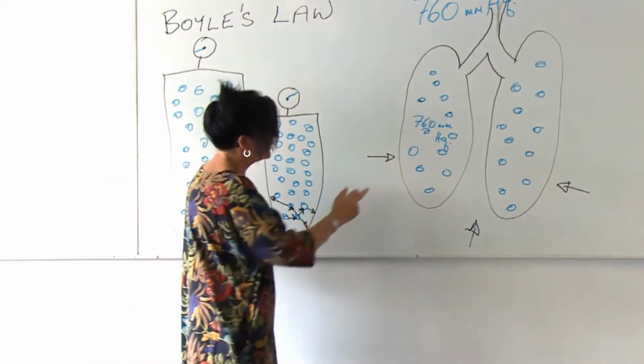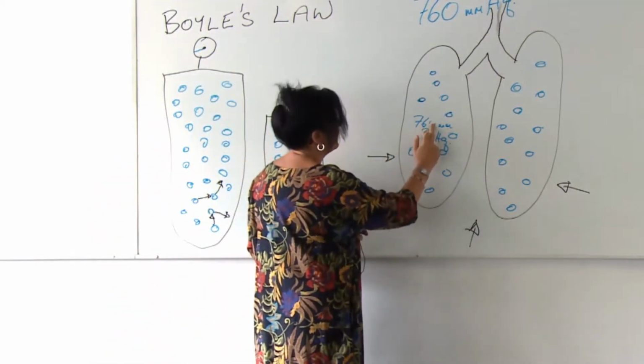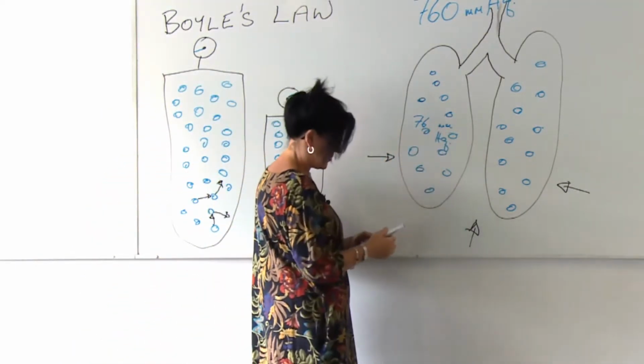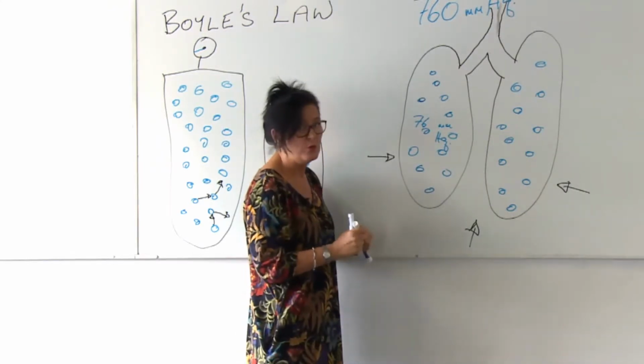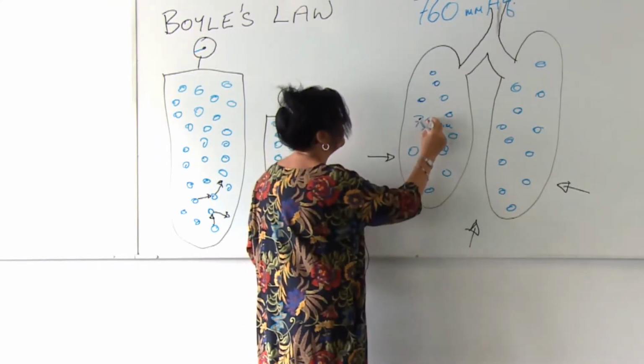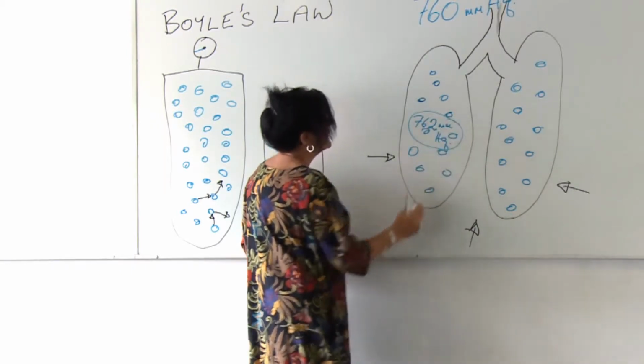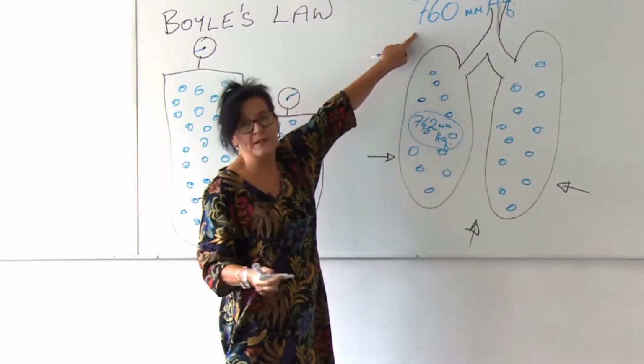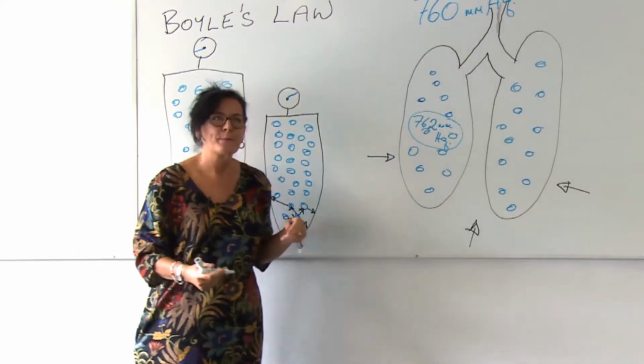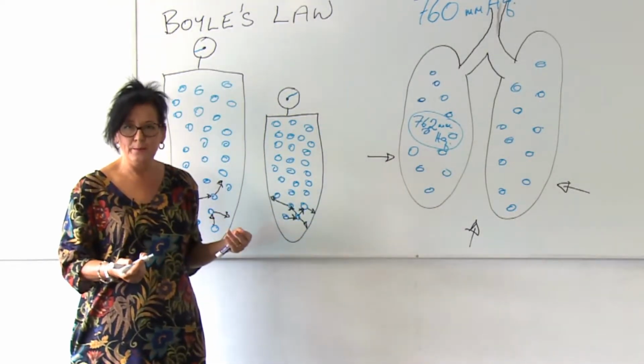So if we put our pressure here, say up to 762, not by much, this is greater than atmospheric air pressure. Pressure gradients, what's going to happen?